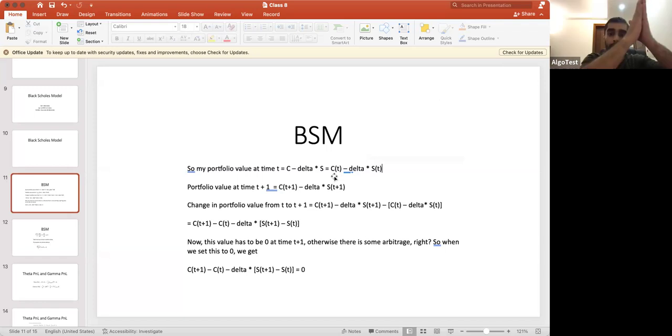My portfolio right now, and my portfolio 1 second later should be exactly the same, because I've essentially bought and sold the same thing at time 0. And then, of course, 1 second later, my P&L is still going to be 0. So what these guys did is they said, okay, now this equation, I'm just going to set it to 0 because it should be 0. That was their insight. Let's set it to 0.